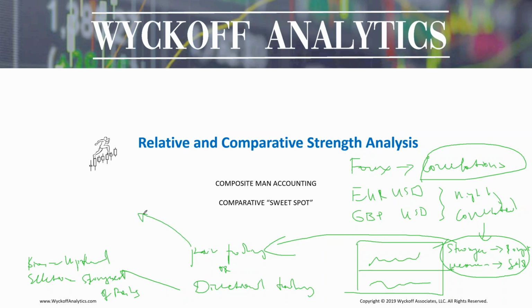In the pair trading or spread trading, you could do this. You could literally buy the stronger pair, and then you sell the weaker pair.